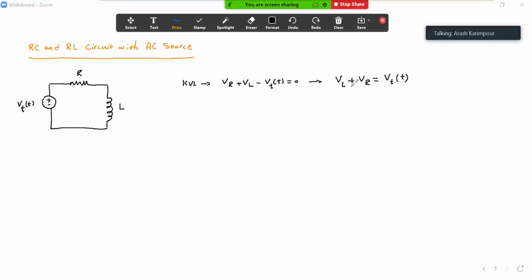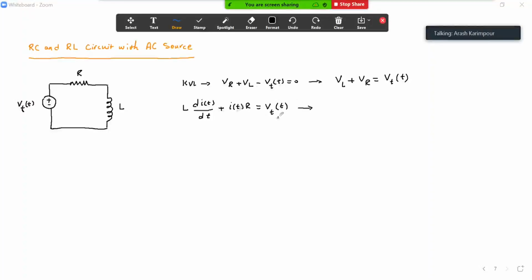Now I replace this in the equation. For the inductor, I know that VL is going to be L dI(t) over dt. For the R we have Ohm's law, which is I(t) times R, and then we have V(t), which is time dependent.